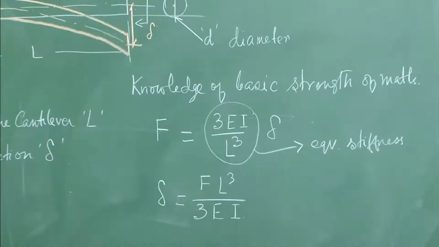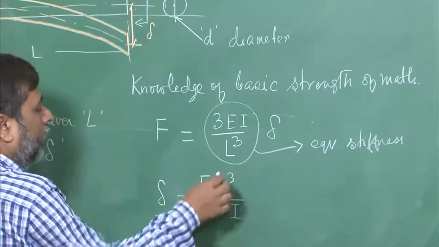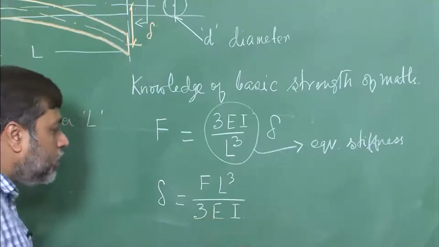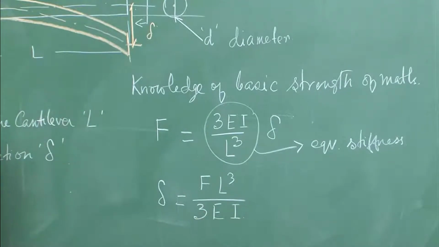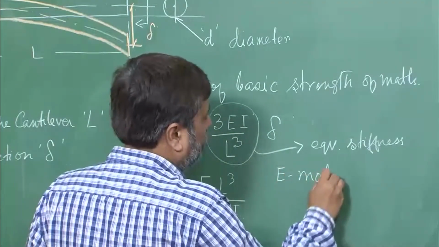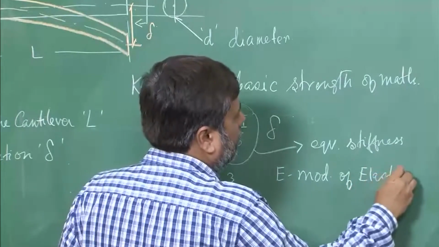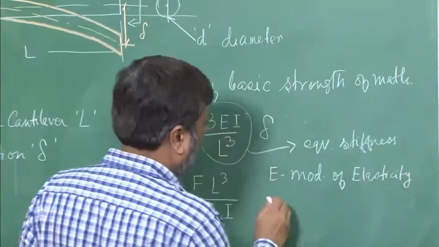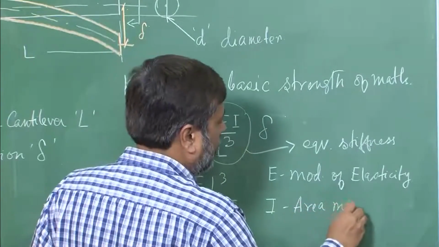Now, in this relationship, we have to keep in mind that you cannot touch F, that is the force, and L you cannot change, but E you can change, and I you can change, where E is the modulus of elasticity and I is the area moment of inertia.